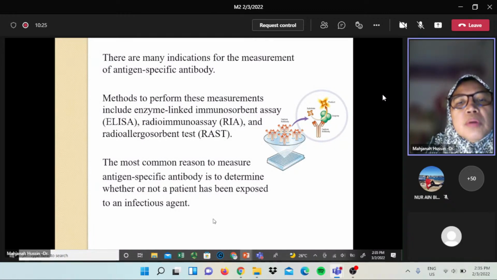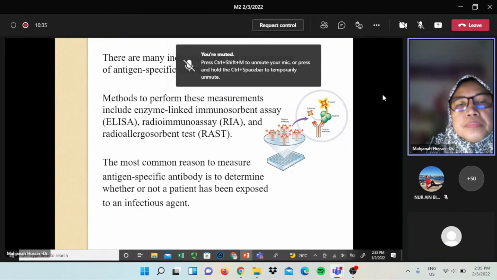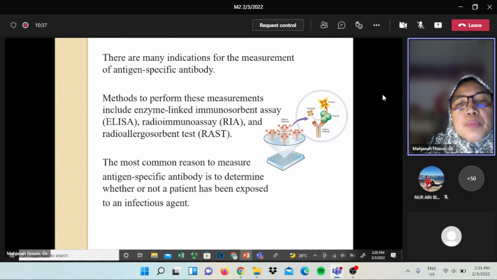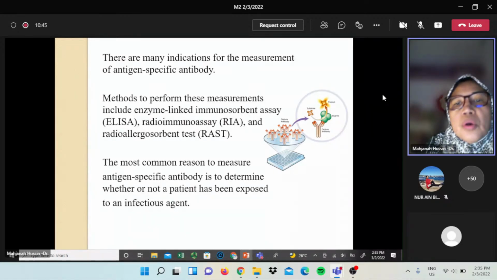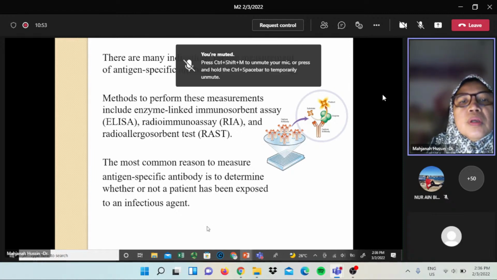Once the antibody is present, you cannot fake it, because the body has its own way of doing it. You cannot have antibody if you were not exposed to it. Like if you are not exposed to COVID and do not take any vaccine, there will be no antibody against coronavirus, definitely. It just does not exist.